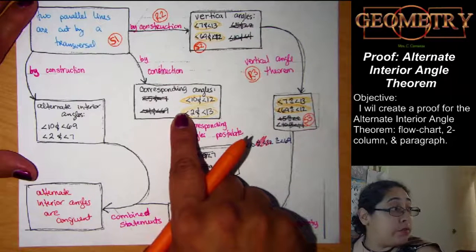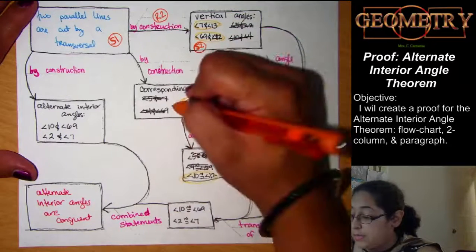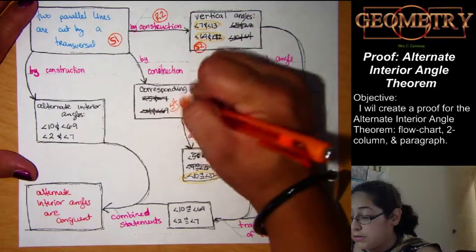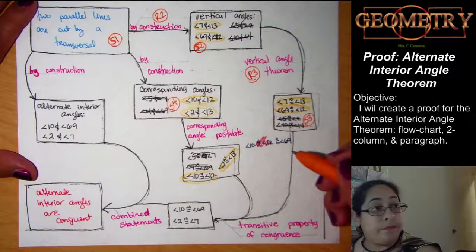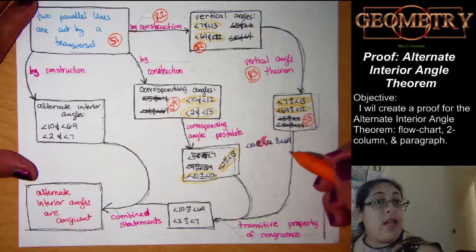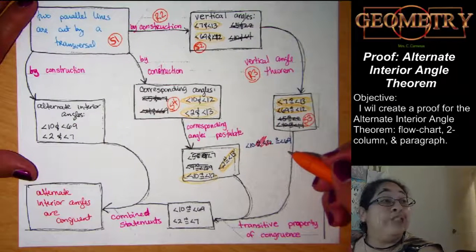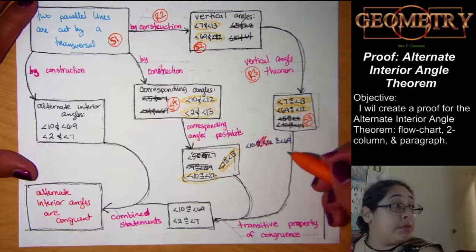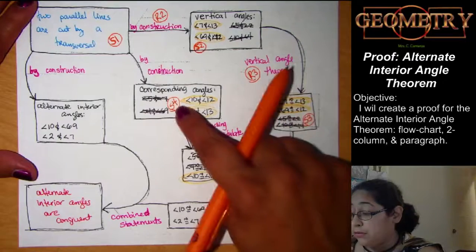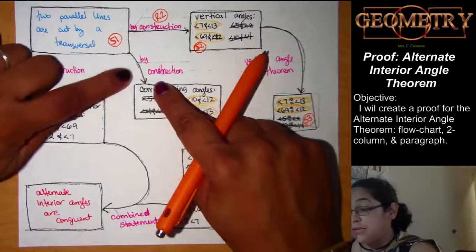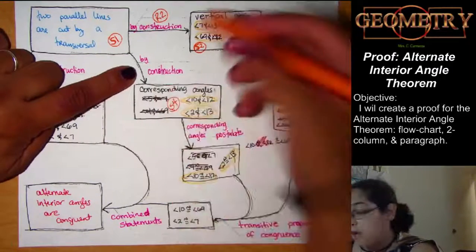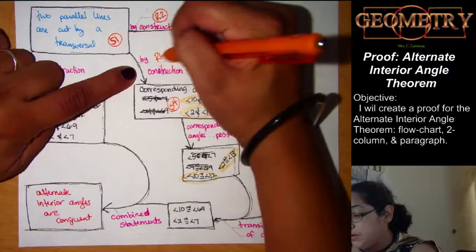This one. This is our next statement, statement number 4. And the reason that leads to that statement is the arrow going into that box. This is reason number 4.